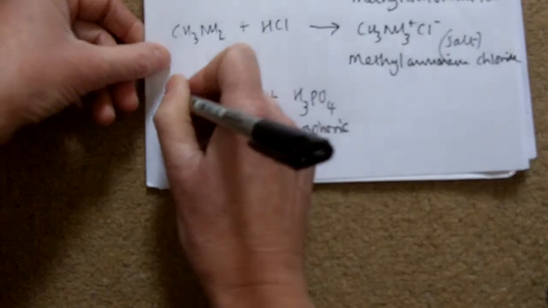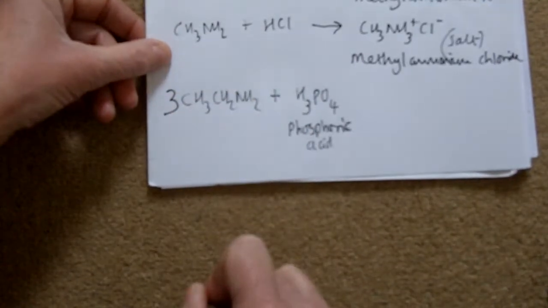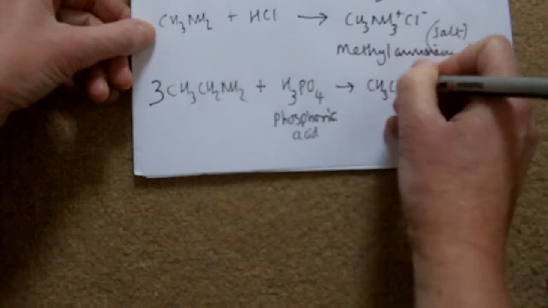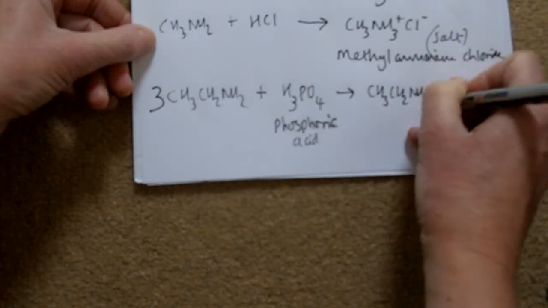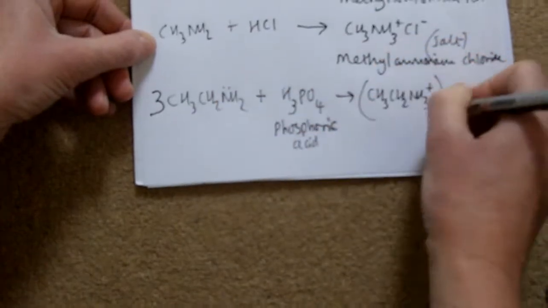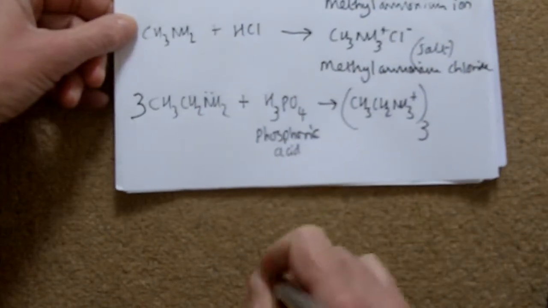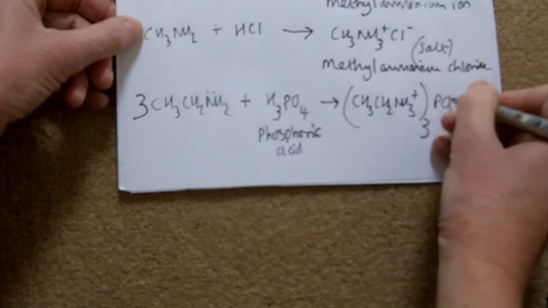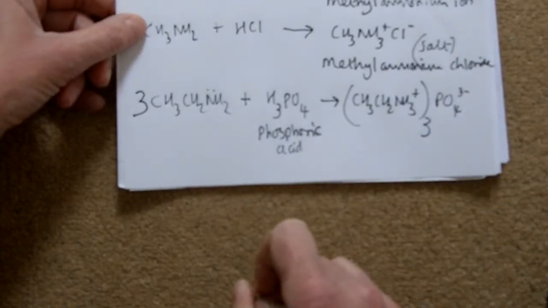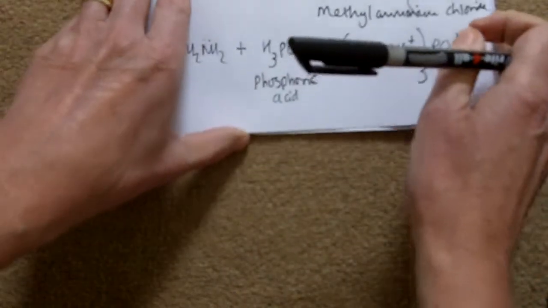So you're going to need 3 of the amines. The amine is going to accept a proton, but it's going to happen 3 times. And then the PO4 3-, and that would be called ethyl ammonium phosphate.